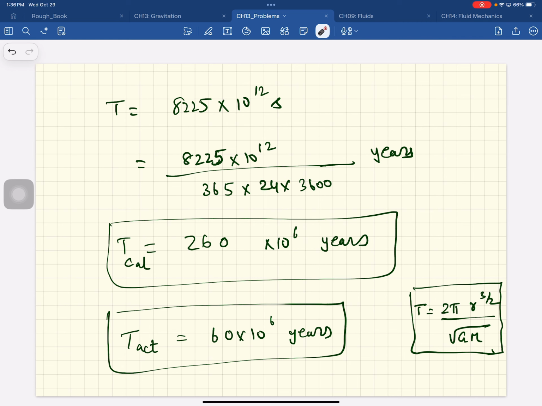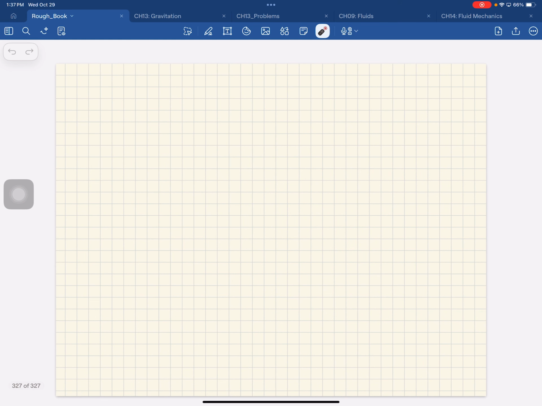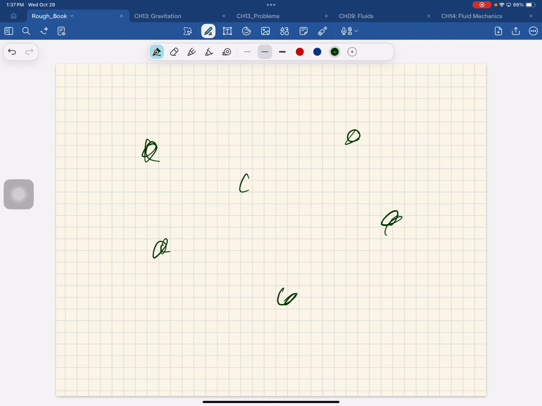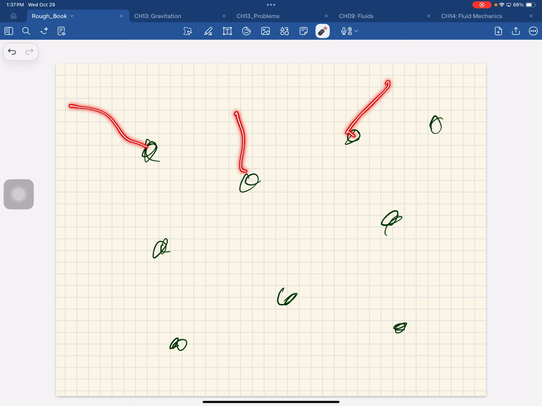I mean, as recently as 1998, okay, so these are all galaxies, and Mr. Hubble back in the 1920s realized that all these galaxies are moving away from each other.